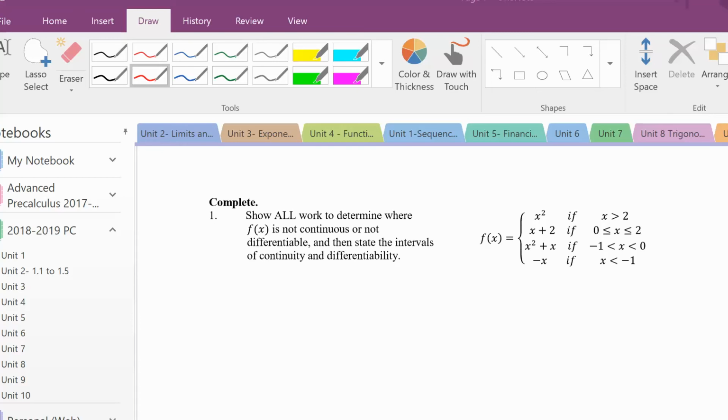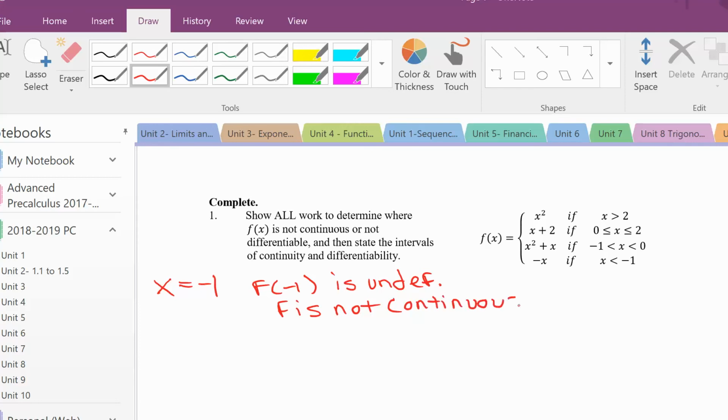So remember, we're looking at the changing points. So there's 3 changing points. X equals -1. Well, f of -1, we notice, is undefined because it never equals -1. So therefore, f is not continuous because in order to be continuous, it must be defined.